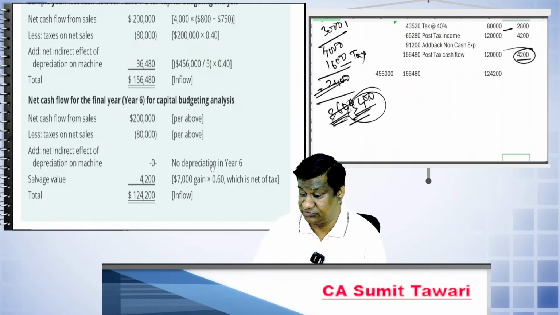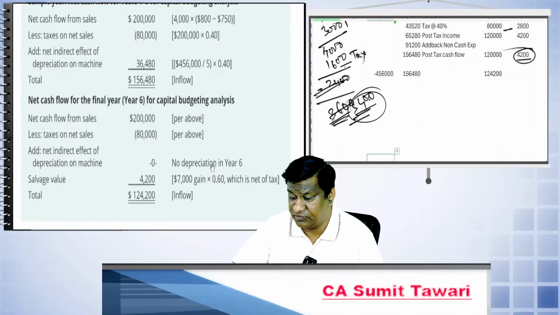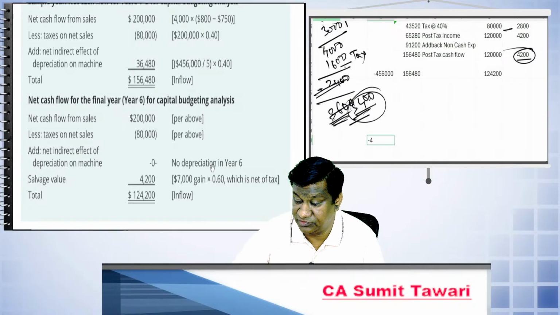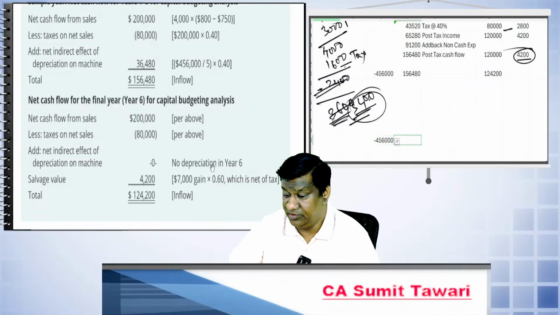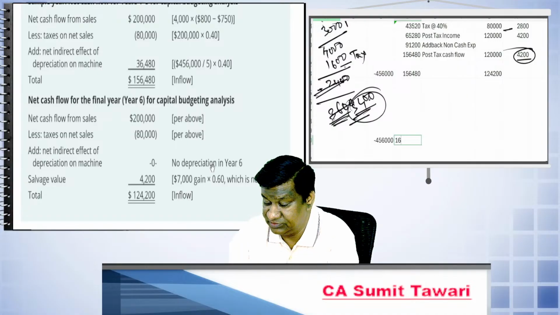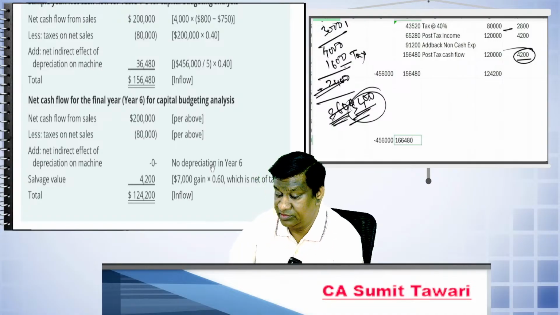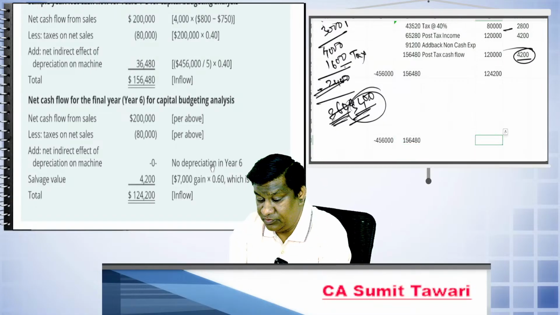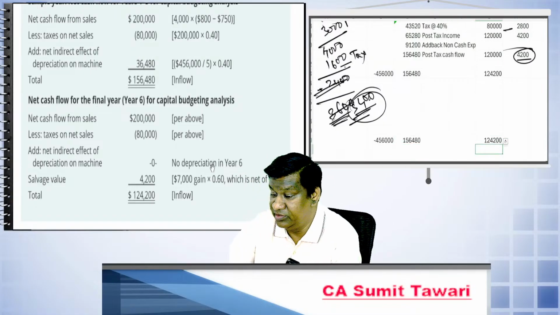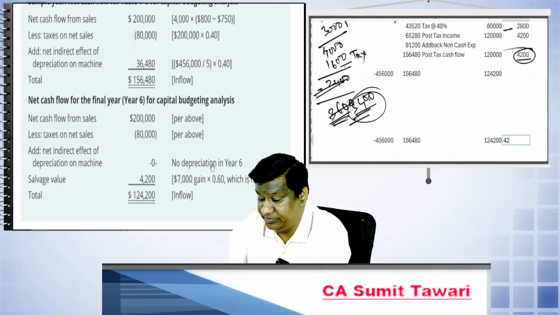Now we need to see how we calculate the discounted cash value. So now you need to consider 456,100, then 156,480, and the third 124,200 and 4,200.